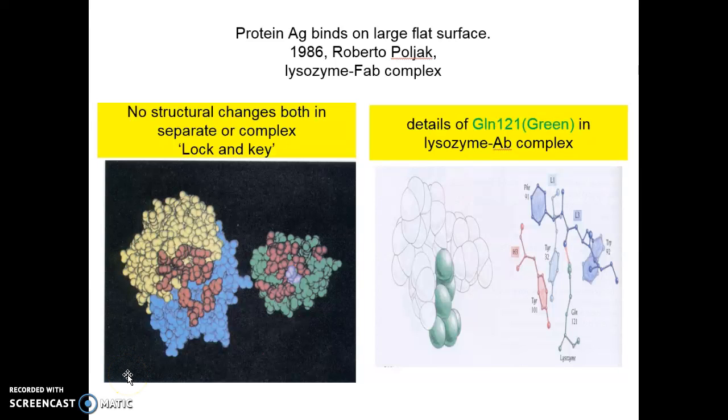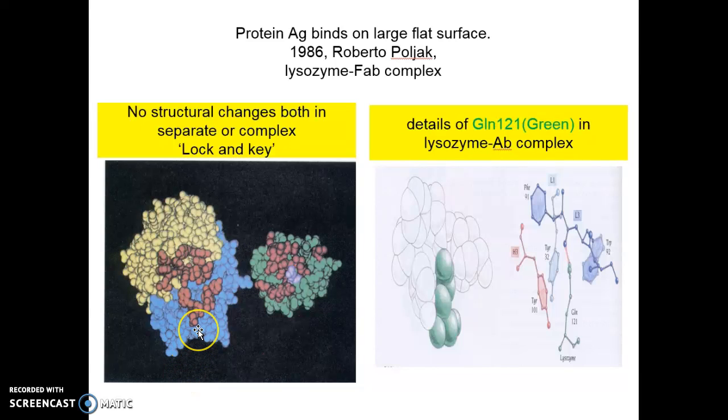These residues pack against each other with a density similar to that found in the interior of protein molecules. For example, glutamine 121 in lysozyme protrudes from the lysozyme surface and fits snugly into a crevice between the CDR3 loops of VH and VL.